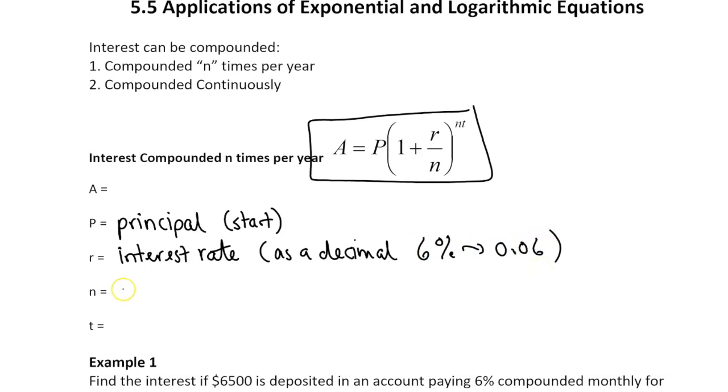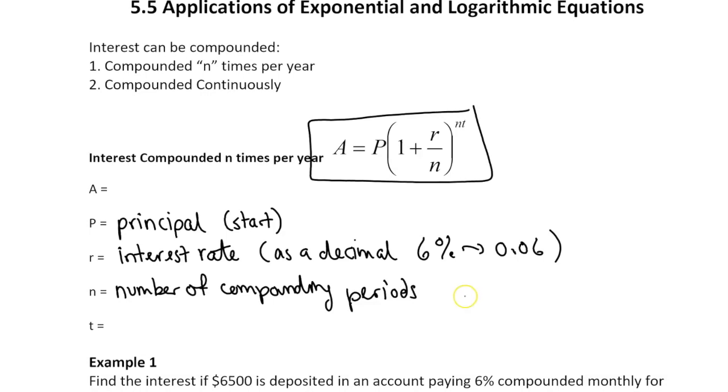N is going to represent our number of compounding periods. And so what that means is you're going to get some questions where they'll say, if you compound interest annually, that's once per year, your N value would be 1.